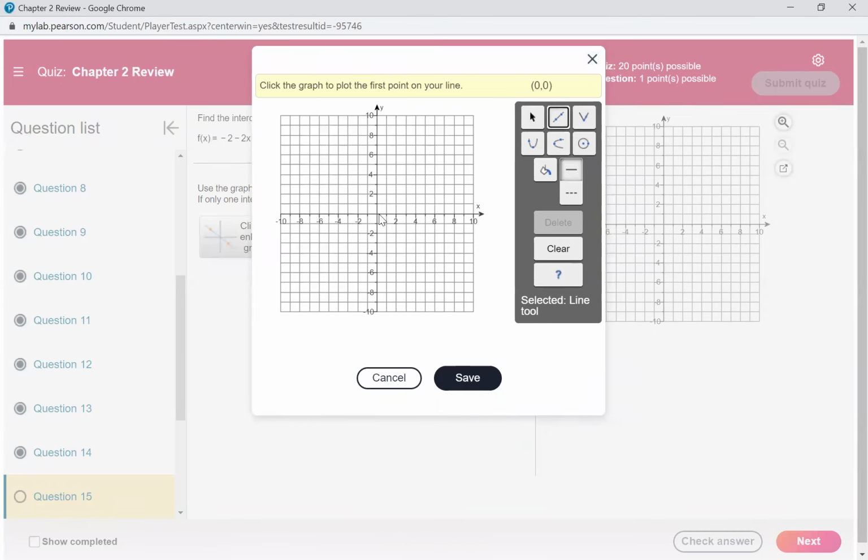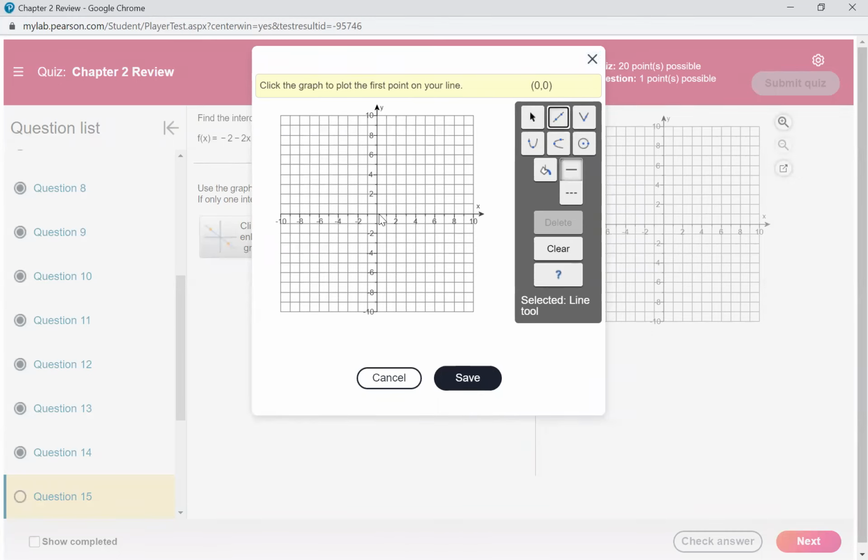So this one was the newer stuff we learned. When was here? Tuesday night, okay? So they want me to graph using the slope and the y-intercept. So let me click my graph here. I'm going to click my line tool.